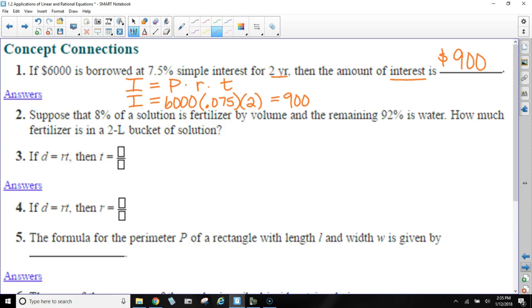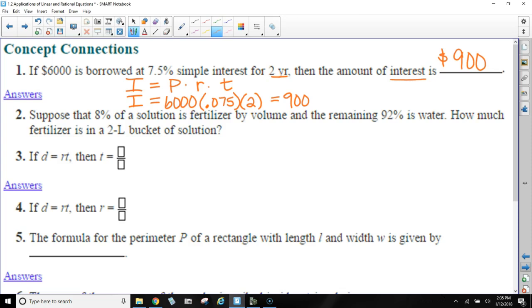Simple interest. On number 2, it says, suppose that 8% of a solution is fertilizer by volume and the remaining 92% is water. So how much fertilizer is in a 2-liter bucket of solution? To calculate that, like when we set up those mixture problems, it's a matter of taking percent times amount.